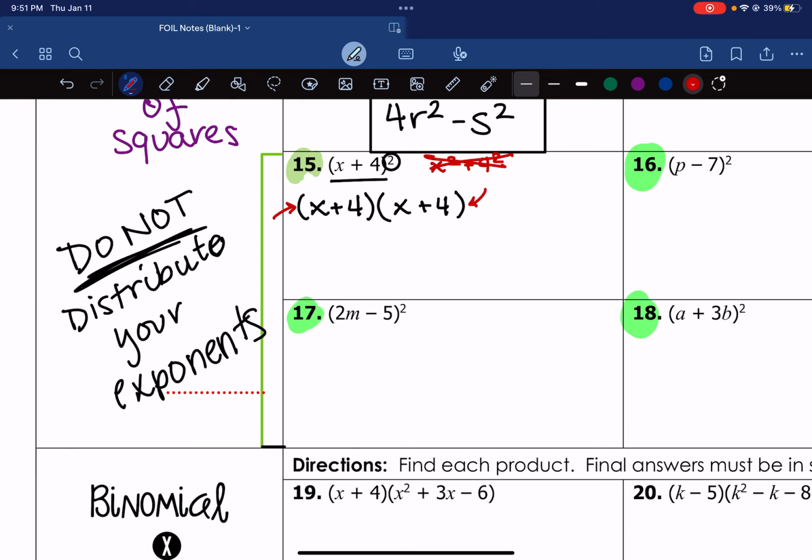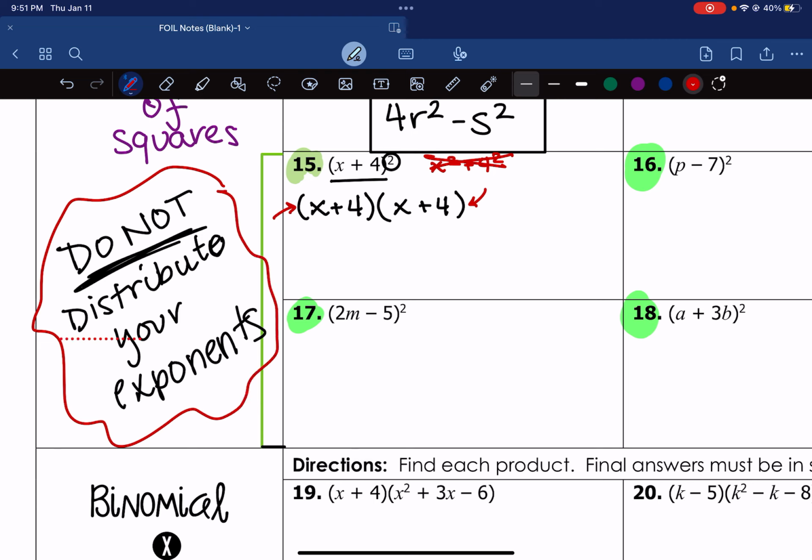Anytime you see those parentheses, duplicate it. Duplicate it, duplicate it, duplicate it. Do not, under any circumstances, distribute your exponents. Yes, I know, I said circumstances weird. Do not distribute your exponents. Do what I have here in black. That is your goal.